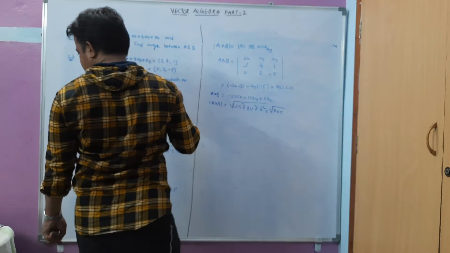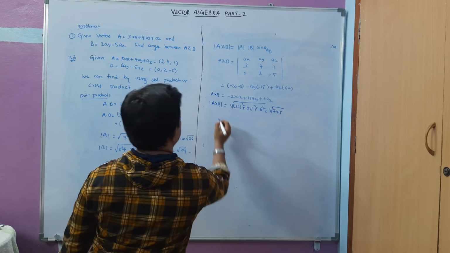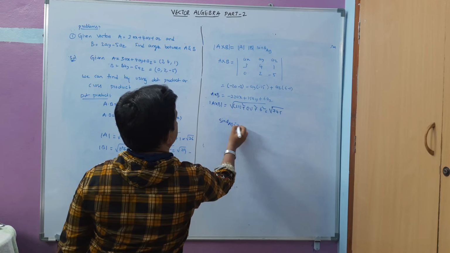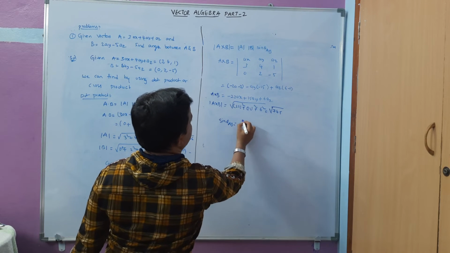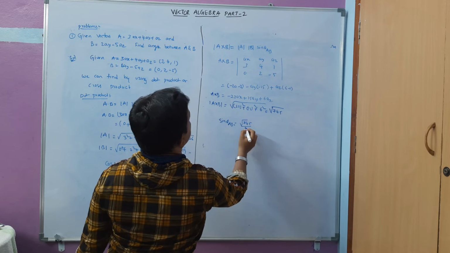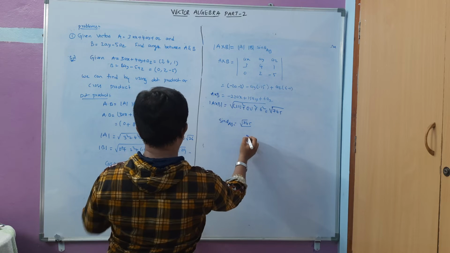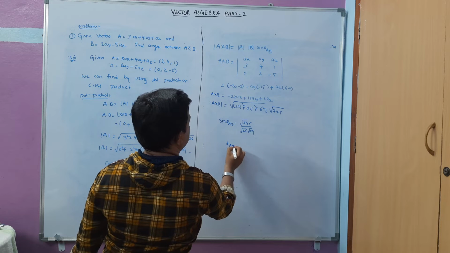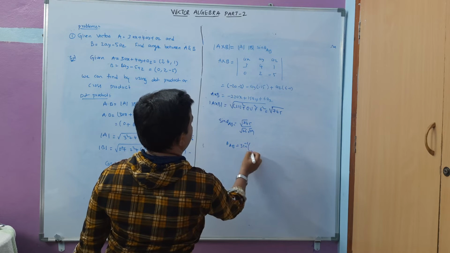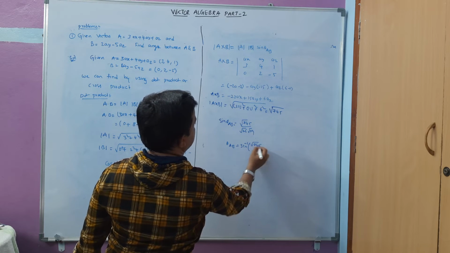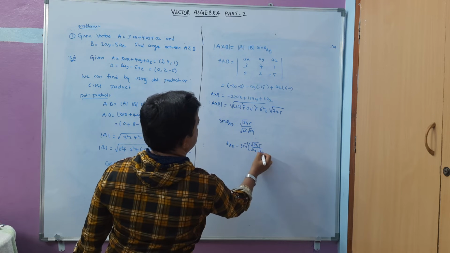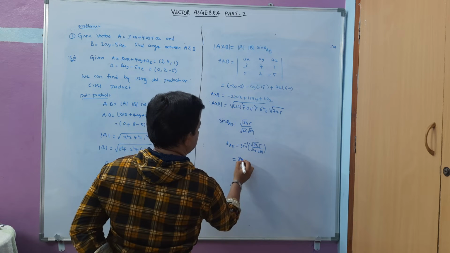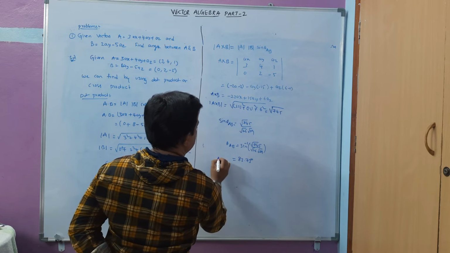Root 745, and I use the formula here: sin theta of AB is root 745 by root 26 root 29. So theta of AB equals sin inverse of root 745 by root 26 root 29, which will give me the same result, that is 83.73 degrees, that is theta of AB.